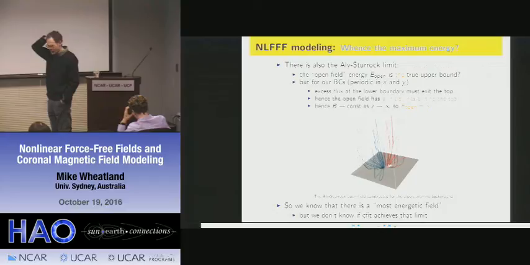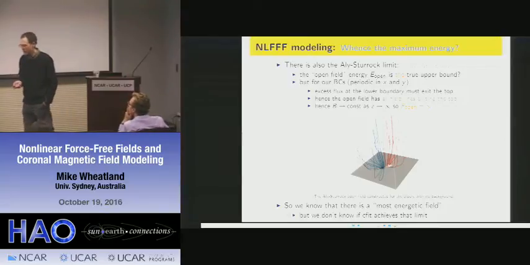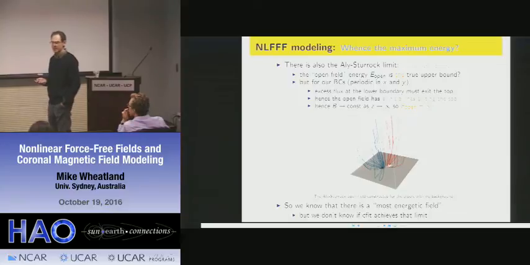One is that I've got a closed top boundary, and the other reason is a little more subtle, and that's that the Aly-Sturrock energy for the periodic problem with the periodic boundary conditions I've assumed is infinite. Why? Well, this diagram kind of gives it away.